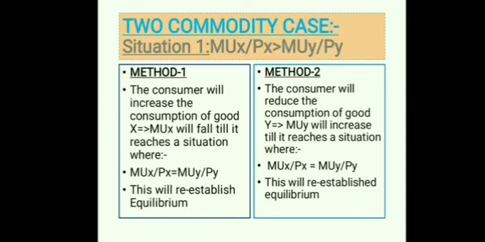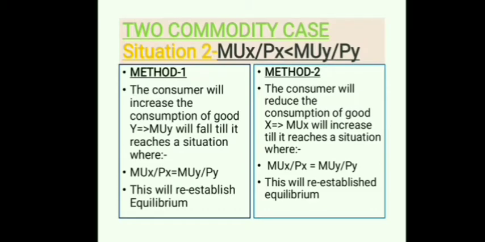Or the consumer can reduce the consumption of good Y. Now when the consumption of good Y is reduced, MUY will increase till MUY by PY becomes equal to MUX by PX and equilibrium gets re-established.